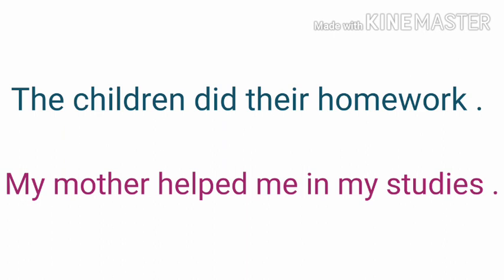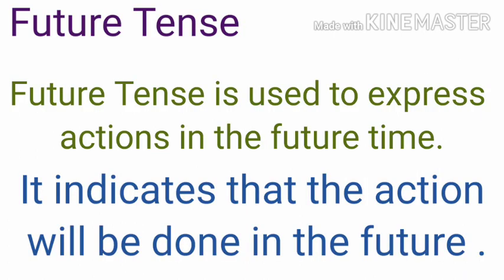The next, my mother helped me in my studies. Here, in these two sentences, the verbs did and helped tell us that the action was done in the past time.